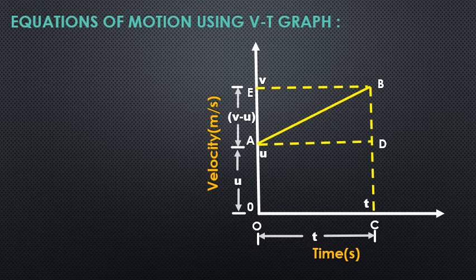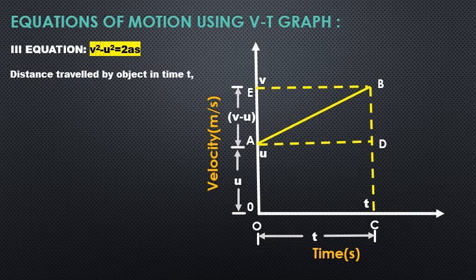Next is the third equation of motion, again using the same graph. In this derivation also, we will try to find the distance traveled by the object in time t. And as I already told you, in order to find the distance traveled by the object in time t, we must find the area under this trapezium, that is OABC.